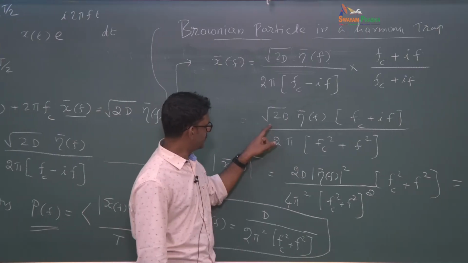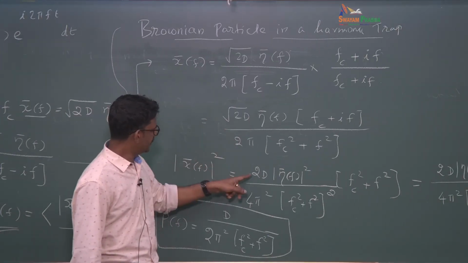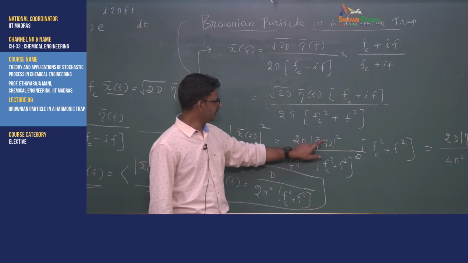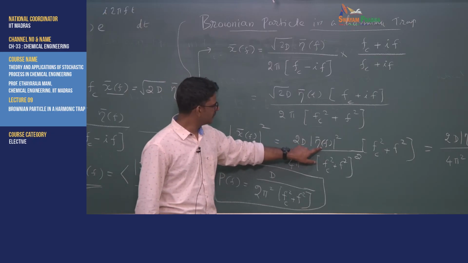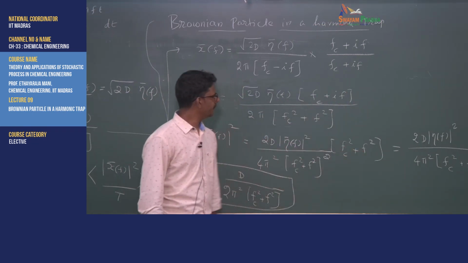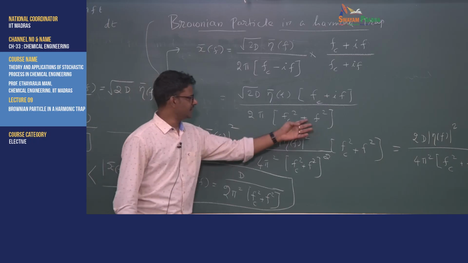So when you do that, you will get 2D for this, and this would be the modulus square of the Fourier component of the normal random variate, and the modulus square of this would be fc square plus f square. The denominator you are basically simply squaring.